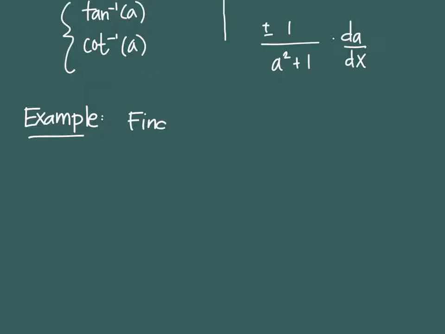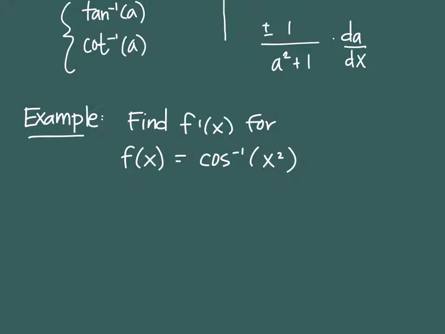So we're just going to do find f prime for the following function. For f of x equals the inverse cosine of the quantity x squared. And so this is really just going back to what the rule was and then dropping in x squared in the position of wherever a was.